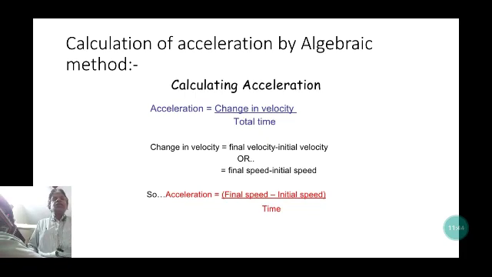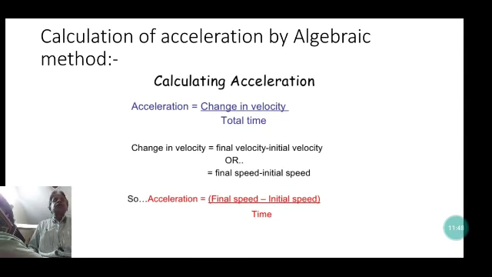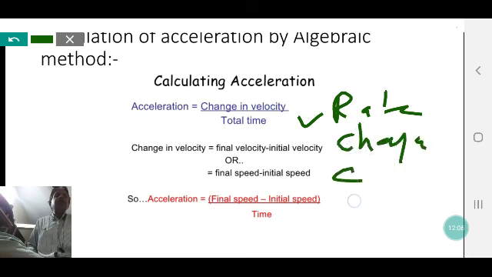Next, how can you calculate the acceleration of a moving object by the algebraic method? Acceleration is equal to change in velocity by time. It is the rate of change of velocity, and it indicates the acceleration.